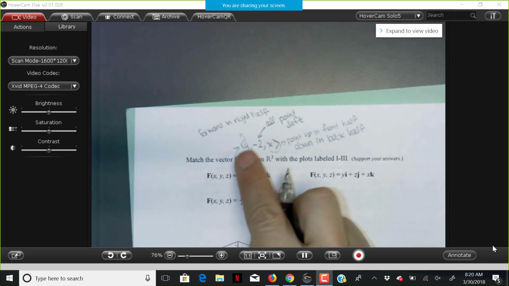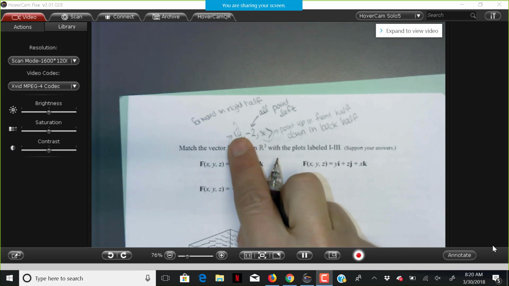And when y is negative, that means we've gone to the left. If the first component of my vector is negative, that means the x is negative, so it's pointing towards the back. So backward in the left half.